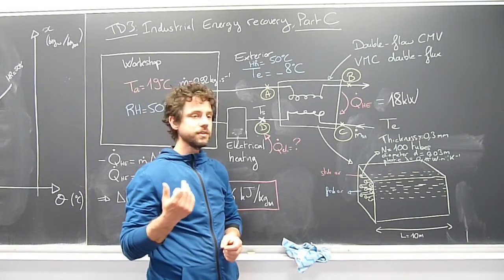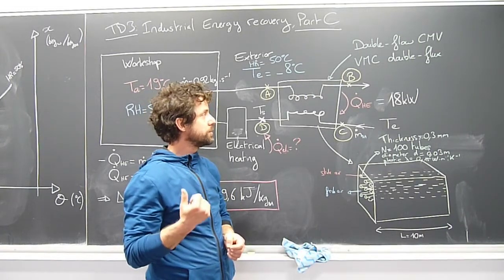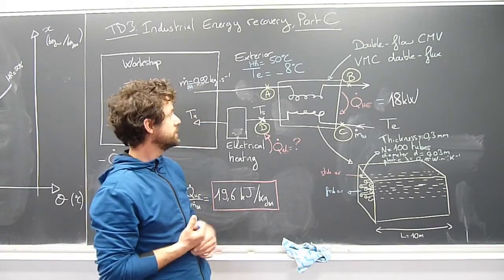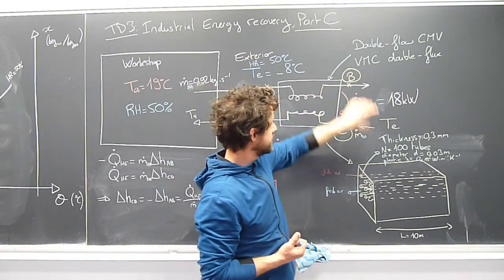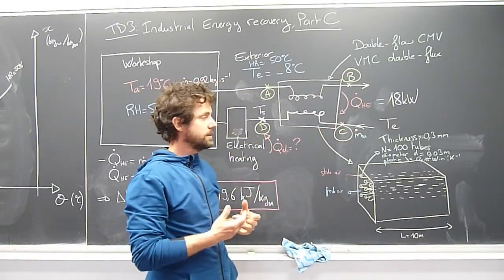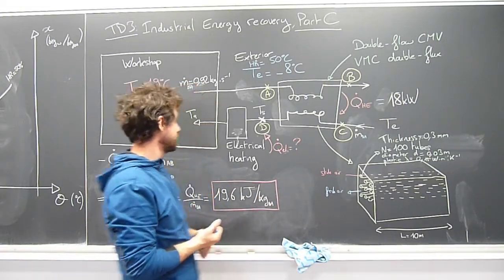In order to do that, we need to calculate the enthalpy variations between A and B and between C and D, so that we get this enthalpy difference for both fluids.